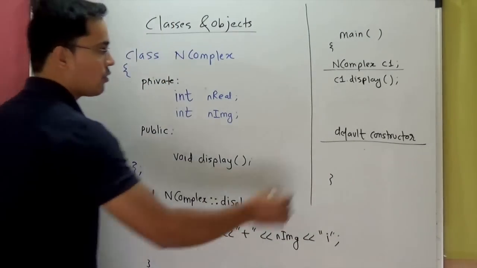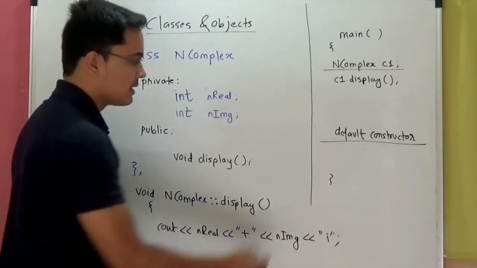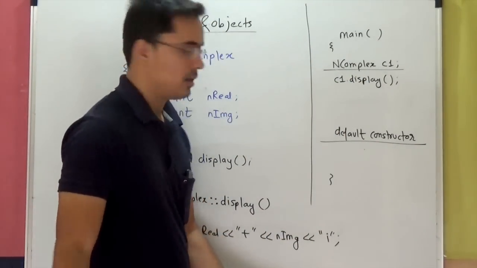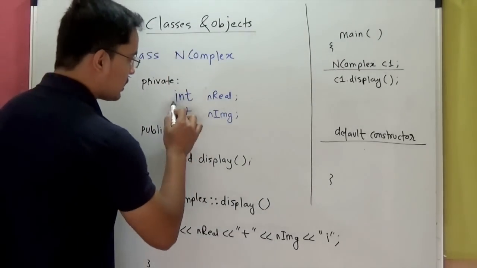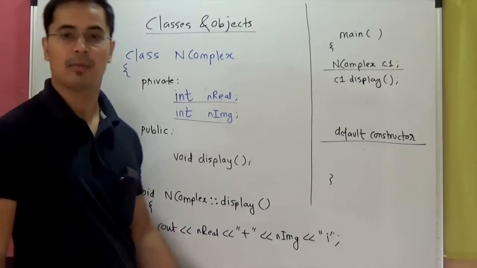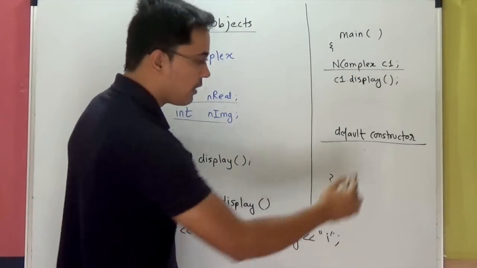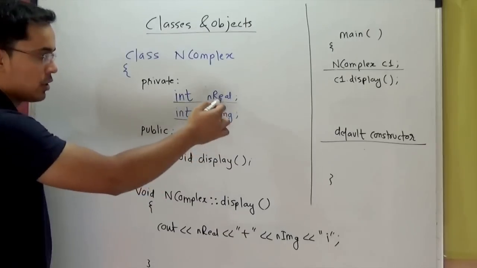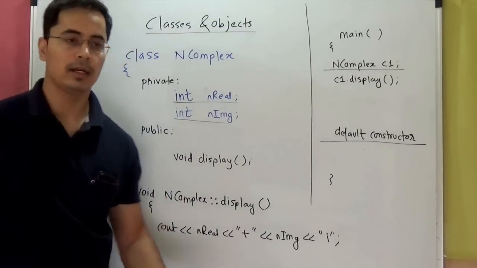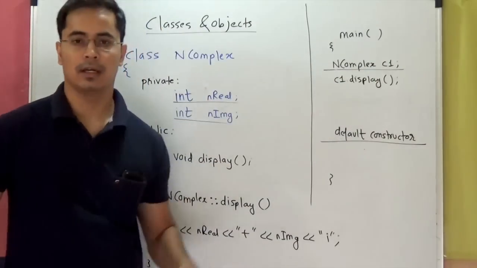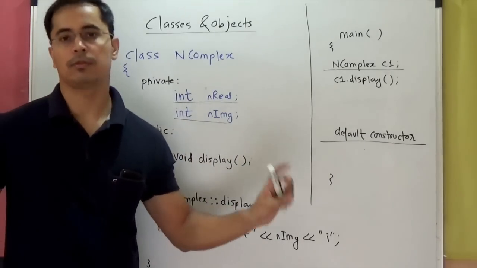That means when you create your object, right, this default constructor will be called. The default constructor will initialize your data members to garbage values, right? So right now, when you created this object, the default constructor was called, and the n real and n imaginary data members for this C1 object were initialized to some garbage values.